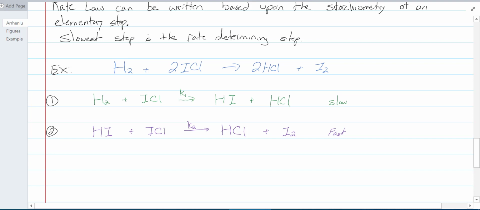If I add up the green and the purple, step 1 and step 2, I should get the blue reaction, which I do. Now there's something that I want to point out here, and that is HI. What is HI? HI, hydrogen iodide, is not in my overall reaction. It is an intermediate.